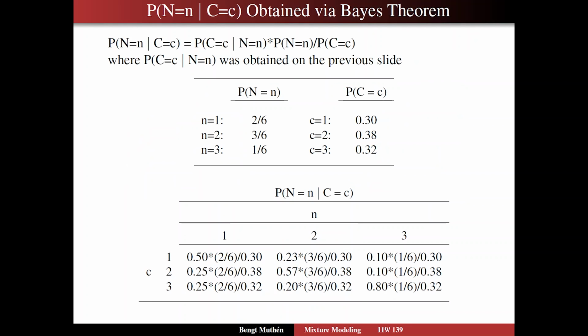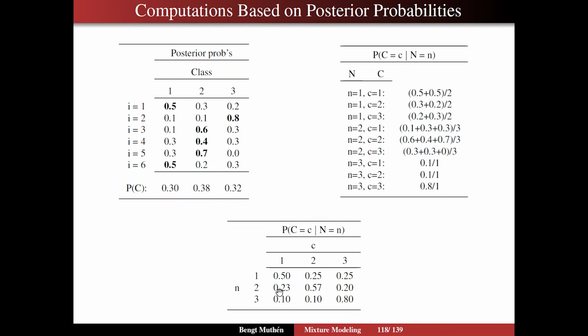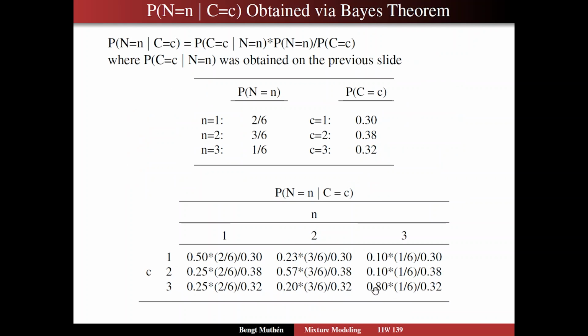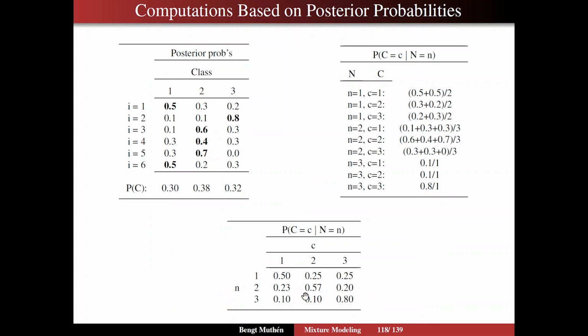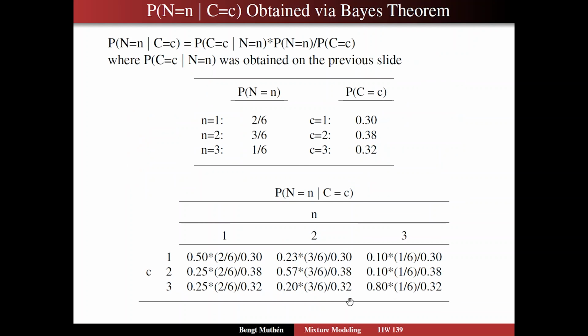So the next column, 0.3, 0.23, 0.57, 0.20 is this row. And the last column, 0.10, 0.10, 0.8 is the last row down here. So that's what you get, putting the three pieces together.